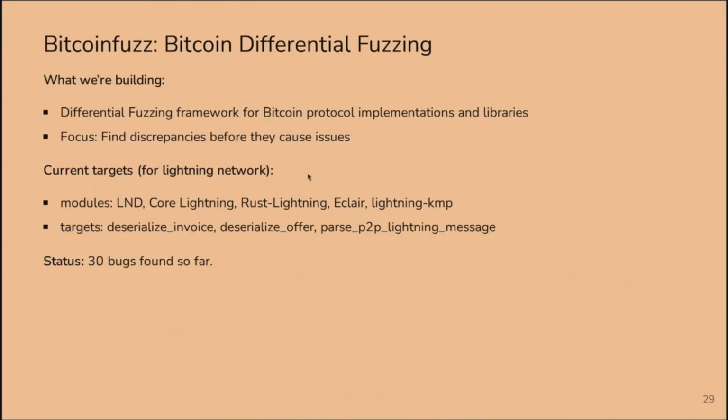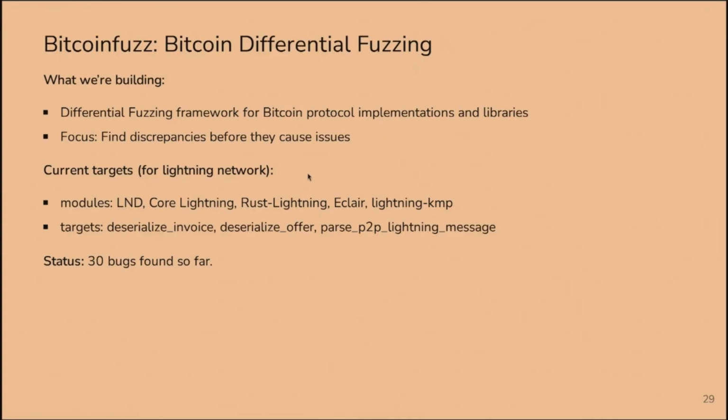So I have been working on Bitcoin Fuzz, which is a framework for doing differential fuzzing in Bitcoin. We do differential fuzzing in different libraries: Bitcoin Core, LND, Core Lightning, and the objective is to find bugs between those implementations.